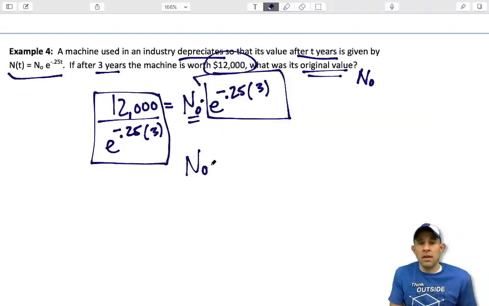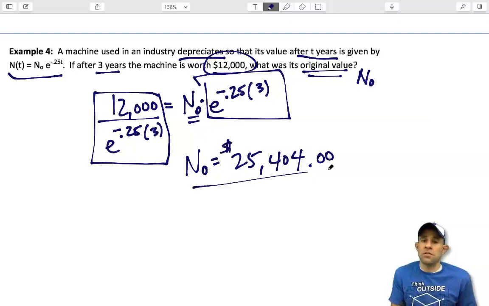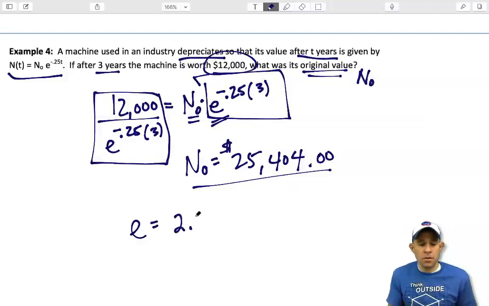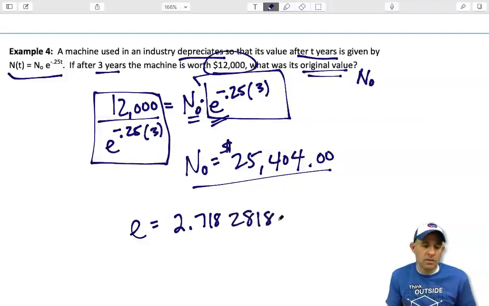I get N sub 0 is equal to approximately $25,404. So that was its original value. And that's a little bit about using this number E, I should say. Keep in mind that E is equal to 2.718281.